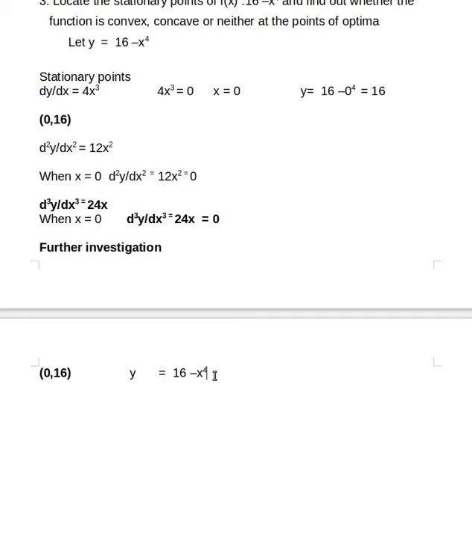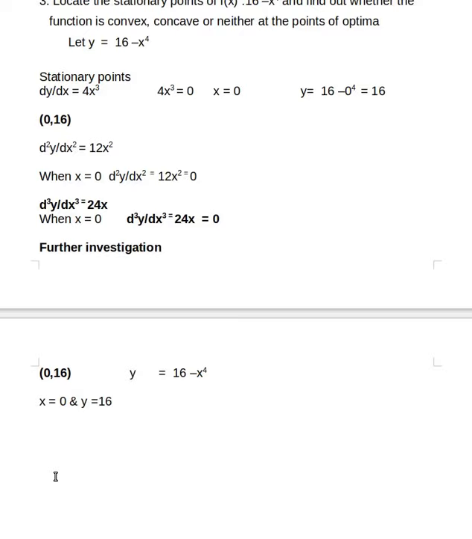The first thing we have to do is take x equal to our stationary point, x equal to 0 and y equal to 16. Now we are going to pick two values, one greater than x and one less than x.